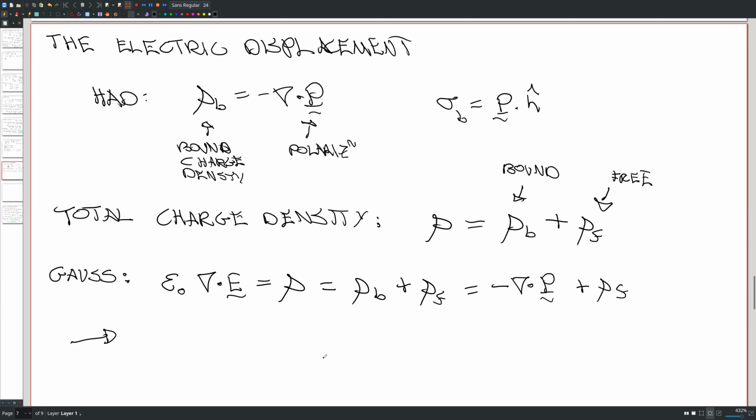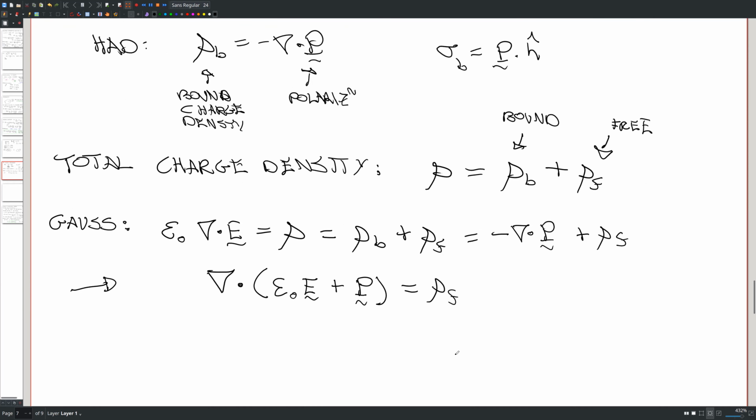You see the absolutely profound development we're making here. We're going to rewrite this equation by saying there's a combination epsilon 0 E plus P, whose divergence is the free charge density. Okay? You should be horribly excited at this stage because this is really profound.